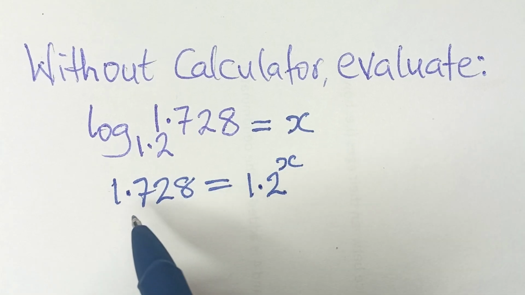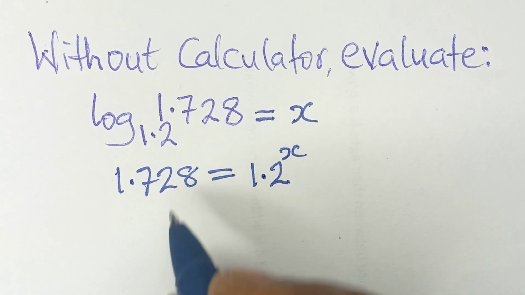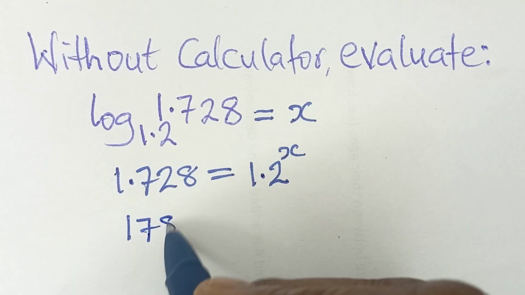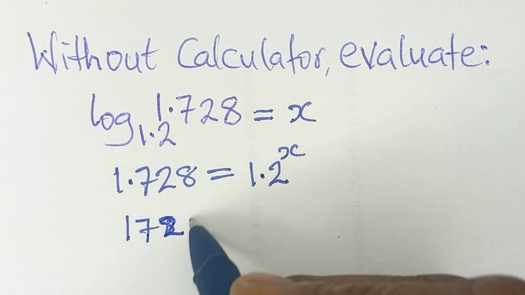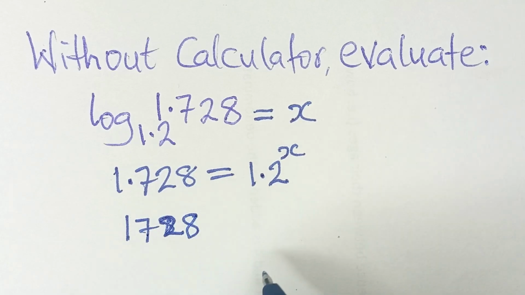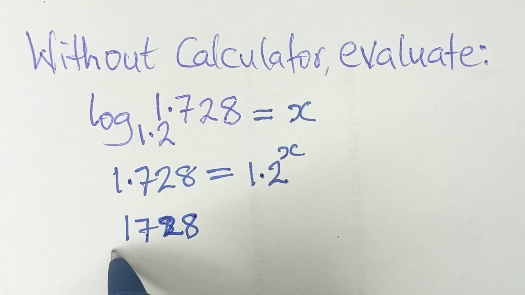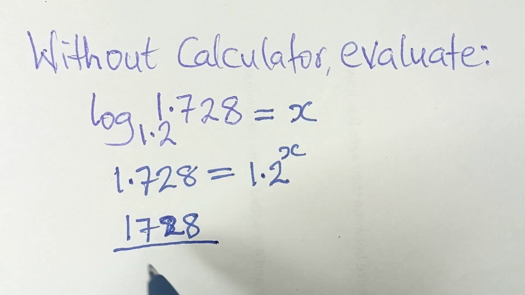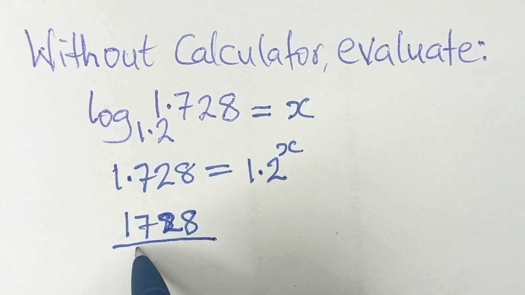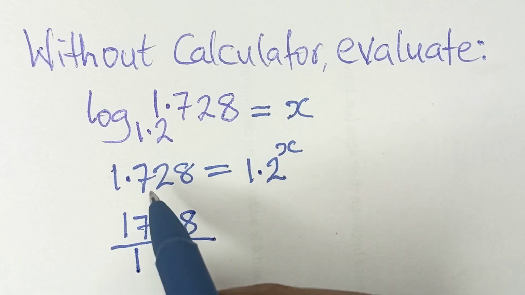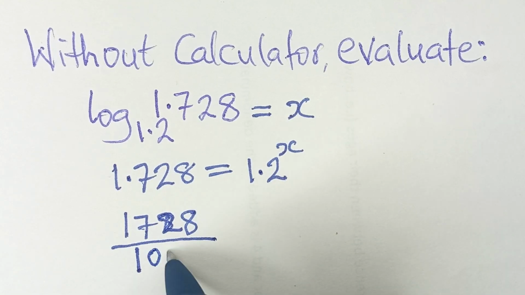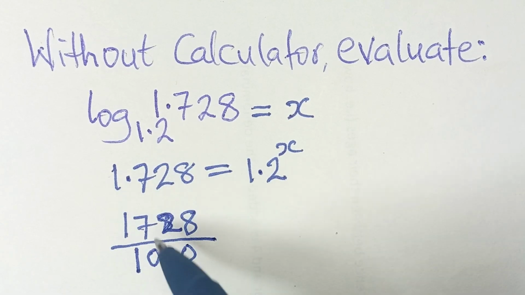So for me to express this decimal in fraction, I'm going to take 1728, and then I'm going to say divided by, now this decimal point here, I'm going to take it to a value 1, and then these three numbers after decimal point, I convert them to zeros. 1, 2, 3 zeros. So that is how to convert decimal to fraction.